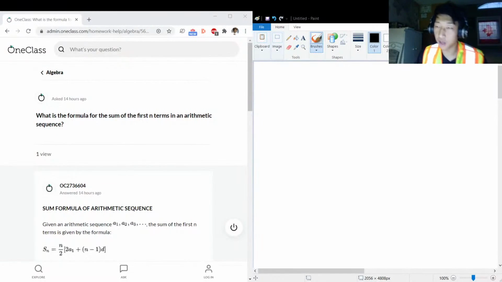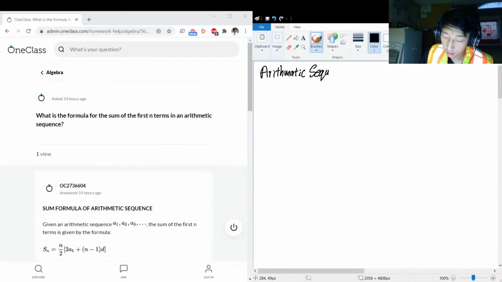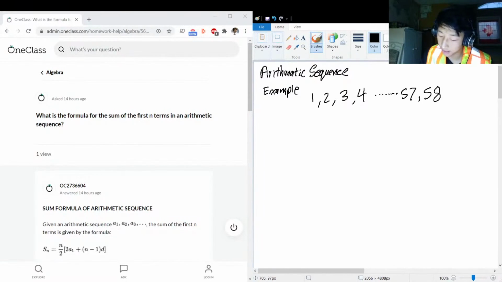So an example of an arithmetic sequence would be 1, 2, 3, 4, on and on to 57, 58, all the way up to, I don't know, however long you want to go. These arithmetic sequences can go on for a very long time if you want them to.